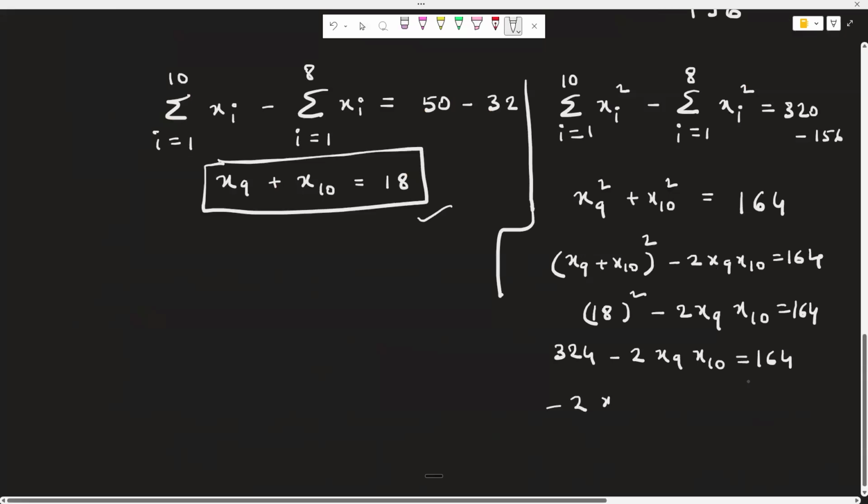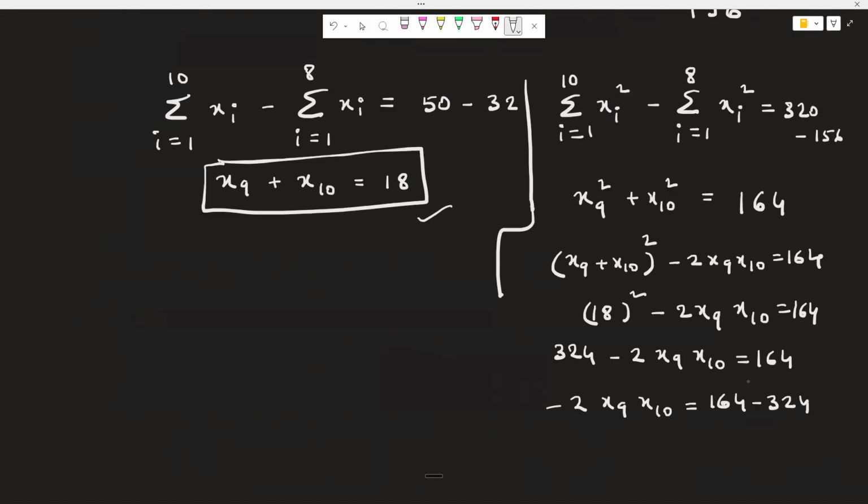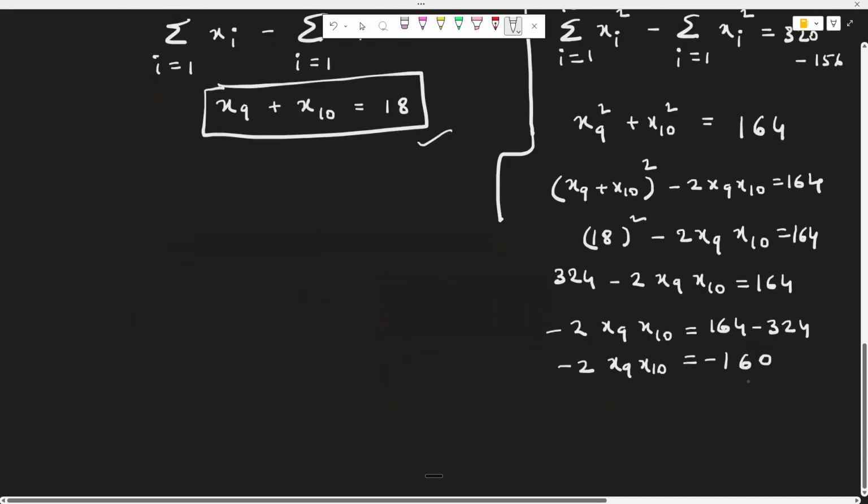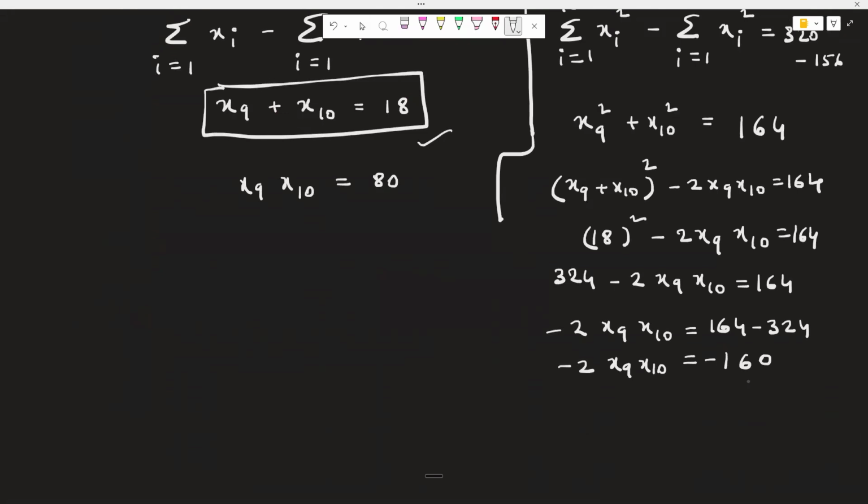So minus 2 x9 x10 is equal to 164 minus 324, which is minus 160. Minus 2 and minus 160 get cancelled. Therefore x9 multiplied by x10 will be 80.